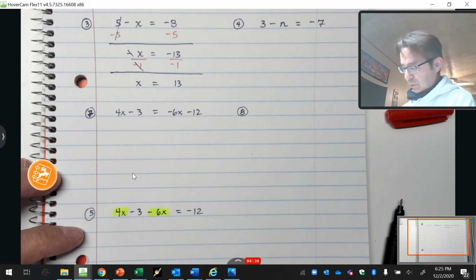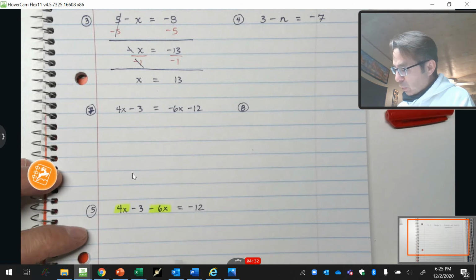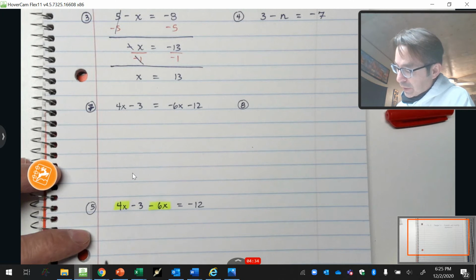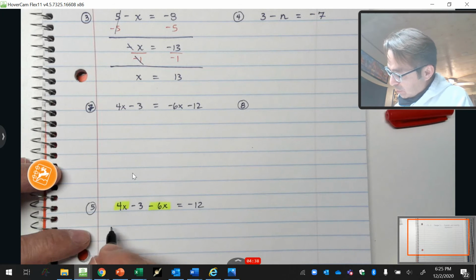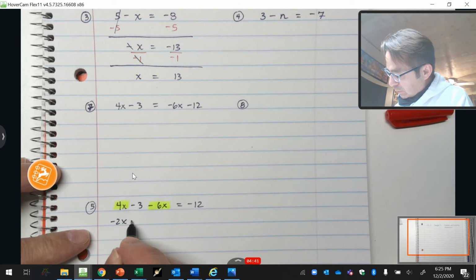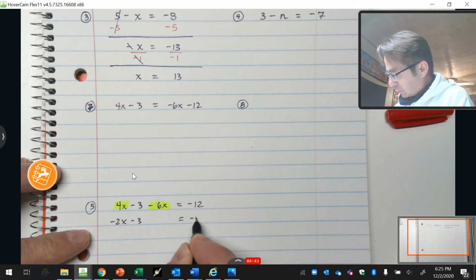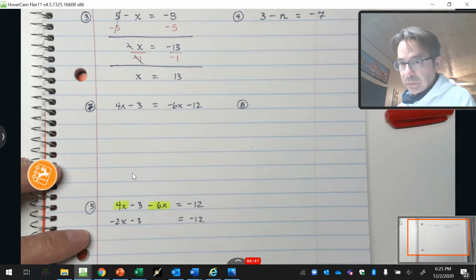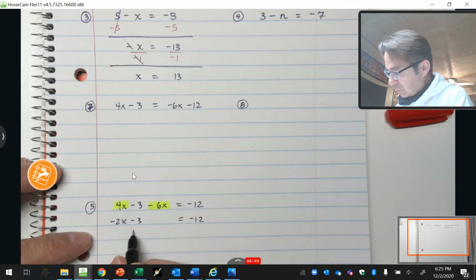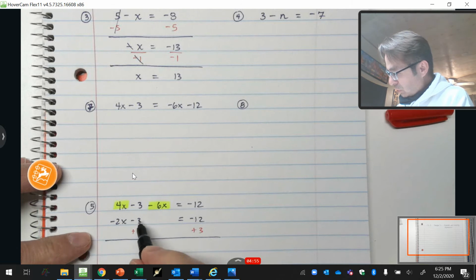Combine like terms. The only work you ever show when you combine like terms is highlighting them. So 4x and minus 6x makes negative 2x. And now it's a normal two-step equation. Cancel.